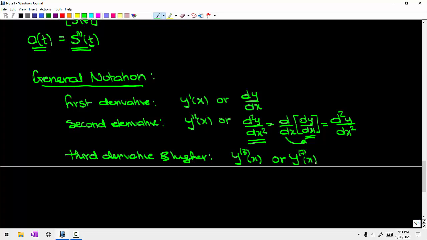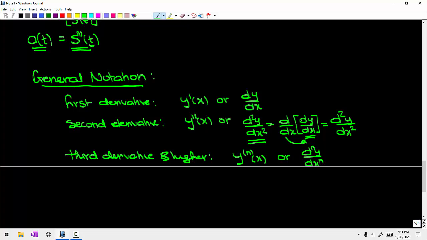So in general, we would write y to the nth derivative, where n could be 3, 4, 5, 7, or whatever, or we can write d^n y over dx^n. So these are higher derivatives. This is the notation we will use.